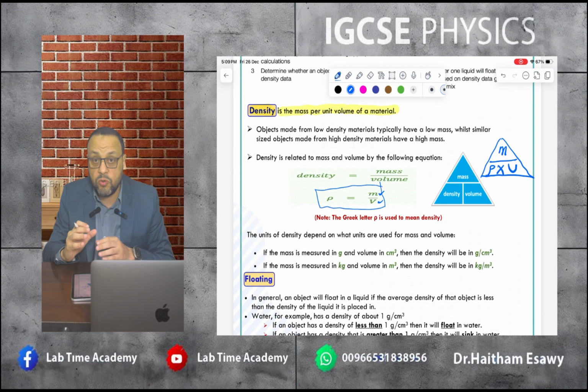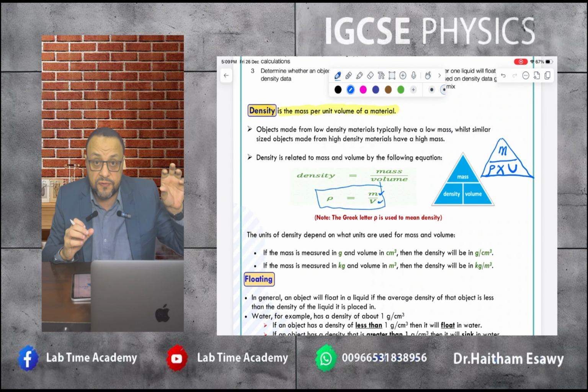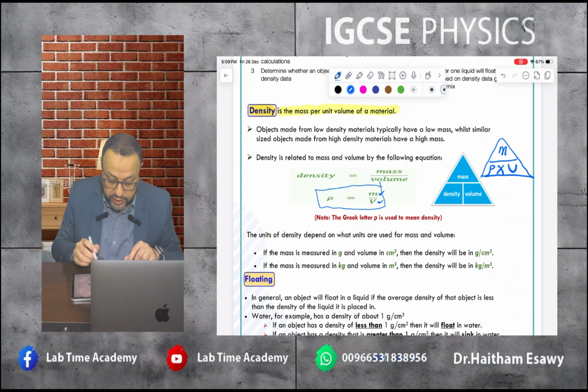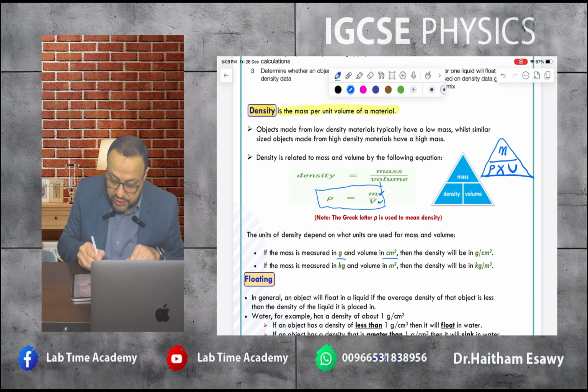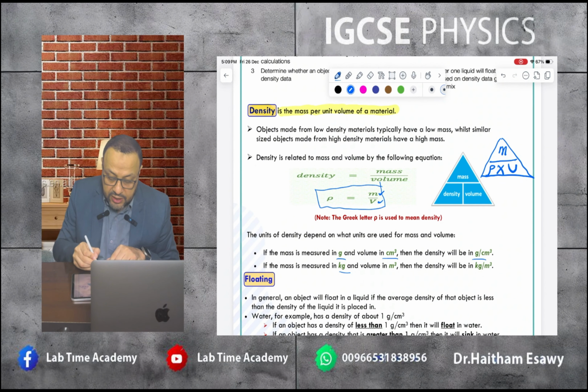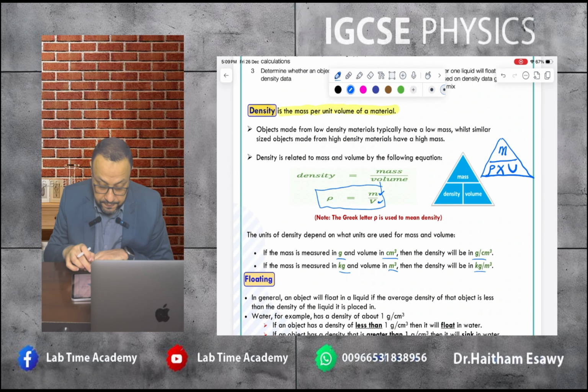So according to the units of mass and volume, I can get the unit for density.